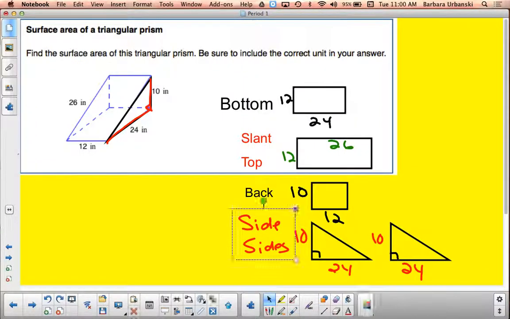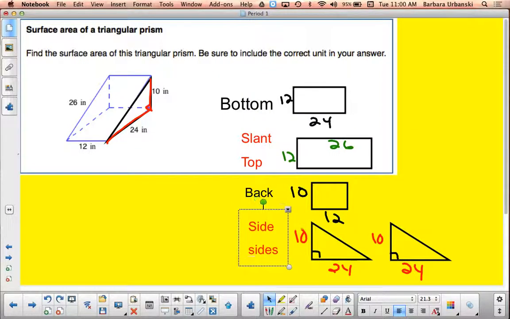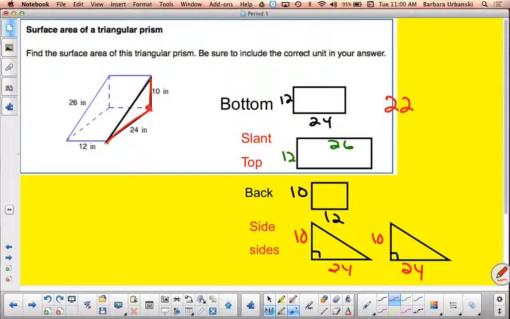Now, same thing holds true as what we did earlier. The only thing that we are going to do is find the area of each of these faces. I have absolutely no problem if you need to use a calculator at this point. So we're going to take a look at the bottom, and it's going to be 12 by 24, which is going to give us 288, and this is inches squared.